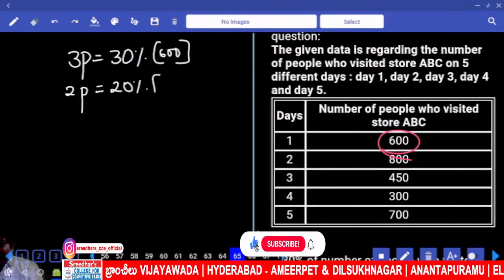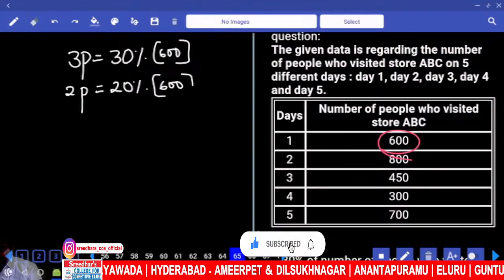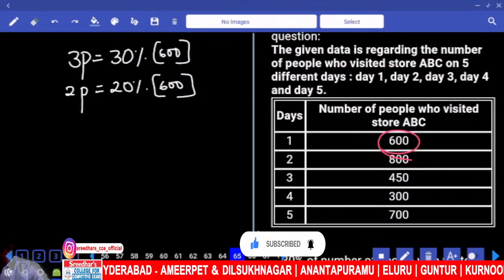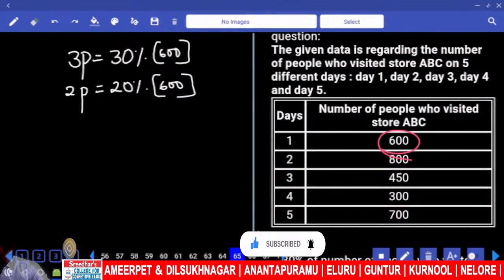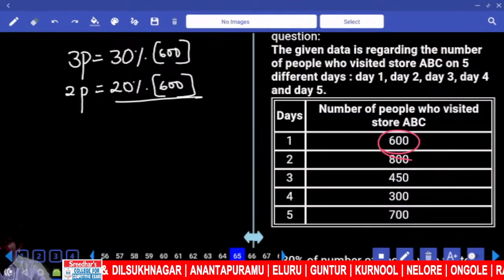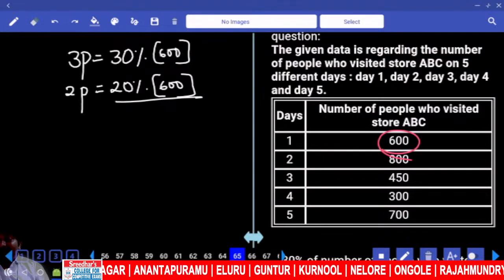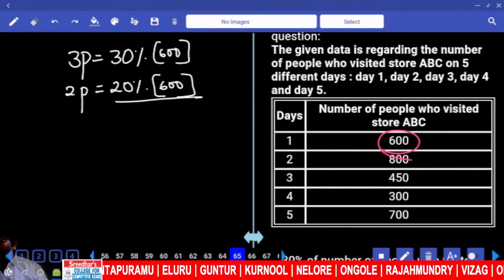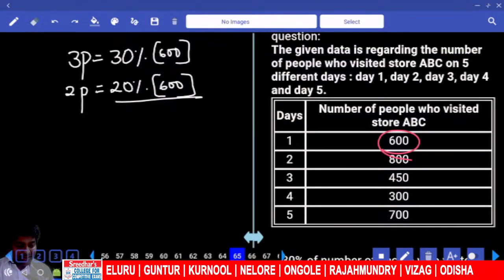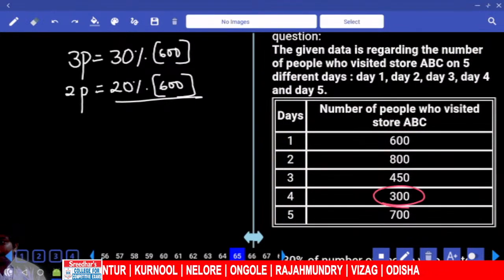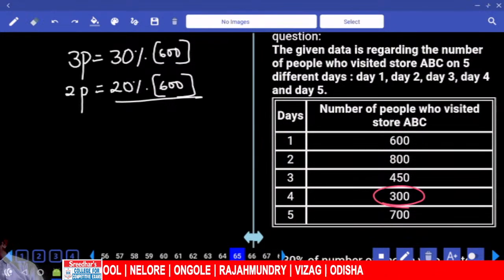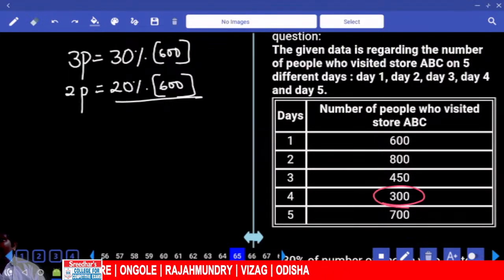Then 2 parts will be 20% of 600 only. Agreed or not? How much is 20% of 600? 120. Who are they? Female. On which day? Look at day 4. Day 4 total how many are there? Out of 300, 120 are female. Then male are 180. You understand?